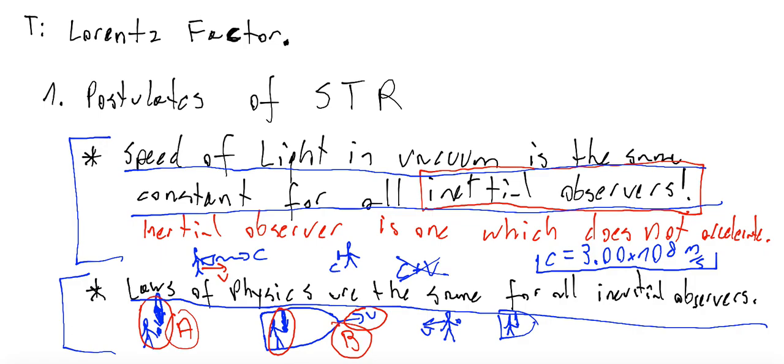You must know these two principles, you must know examples, you must know how to derive these two principles, and you must know that these two principles are very, very, very important in the case of the special theory of relativity.